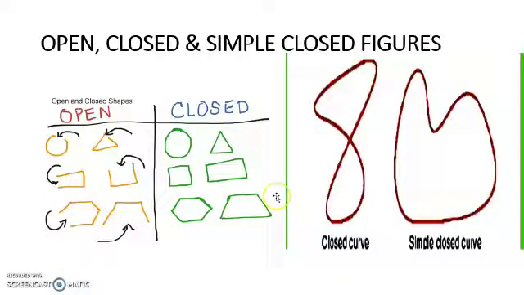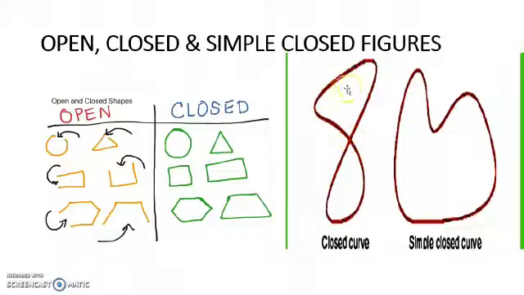Now there is another further differentiation between closed figures. So these are all simple closed figures. You can see they are simple figures and they are closed because why? You can see a figure can be any line which you are drawing using a pencil. Simply you'll just move the pencil and draw a line and it can be a figure. You don't need necessarily to give a name to this figure.